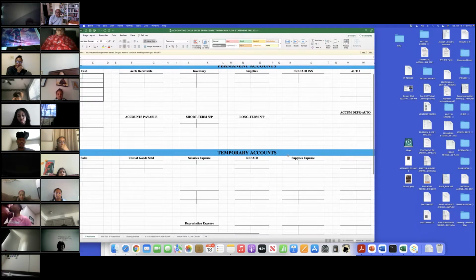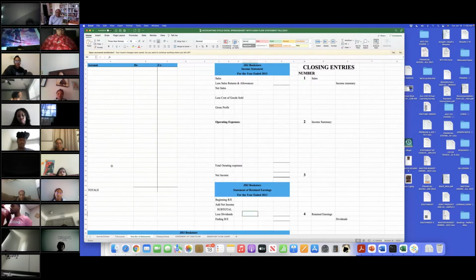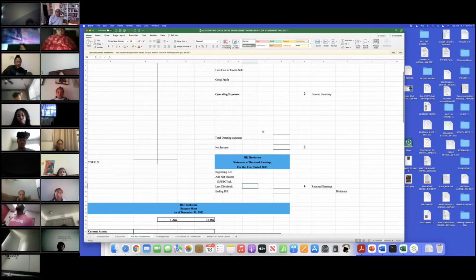That's sheet 2. So once you post it and you got the balances in these accounts, you prepare what? A trial balance. And then once we had our trial balance, we could what? Get to the bottom, pull in our numbers and make our income statement, then do our statement of retained earnings, and finally do our balance sheet.